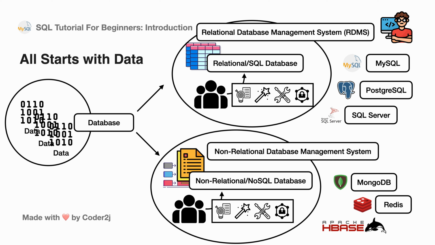In this tutorial series, we will focus on SQL and all the demos will be based on MySQL. Don't worry, all the relational database management systems share the same standard of SQL. Once you learn MySQL, you can easily transfer to other relational database management systems like PostgreSQL or Microsoft SQL Server.